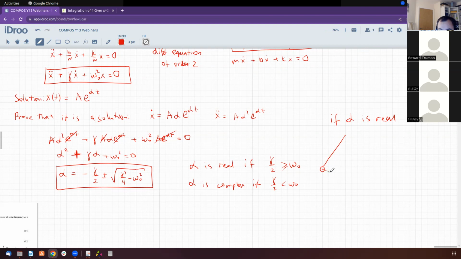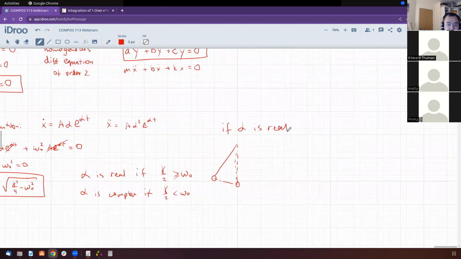It just slowly goes back to the original position and stops, because the damping is so large that you release it and it just goes and stops. This is what happens when alpha is real. There's no repeated motion.